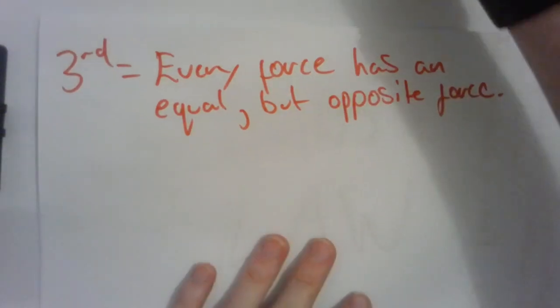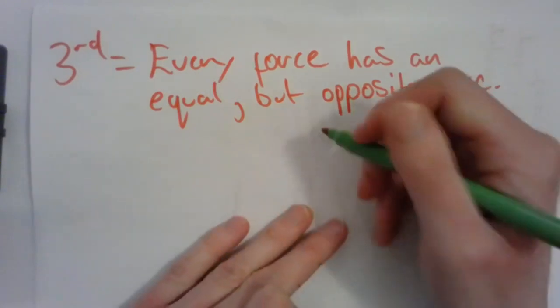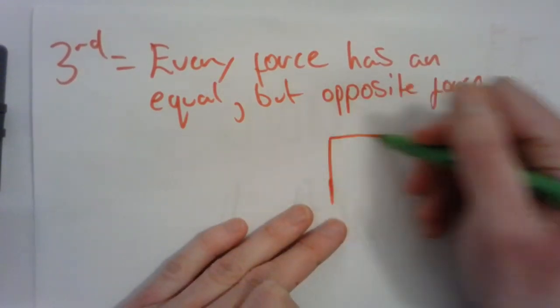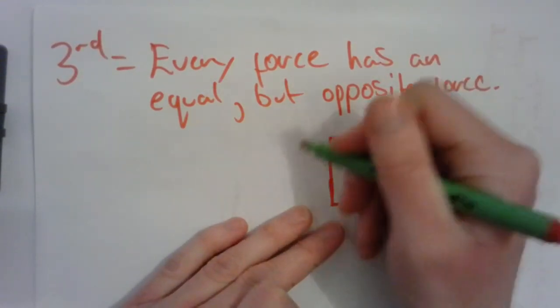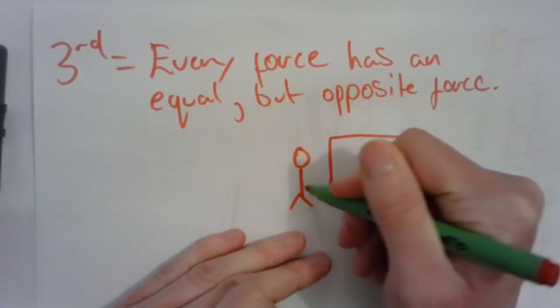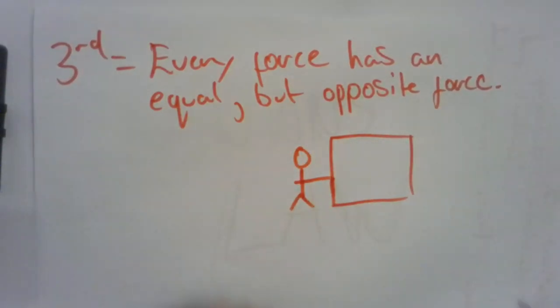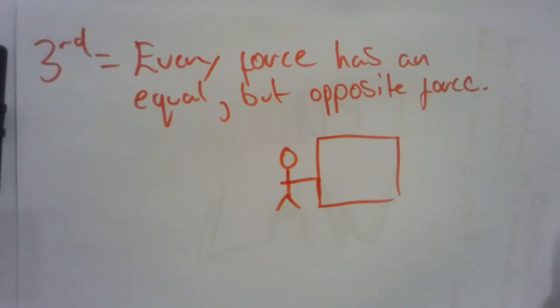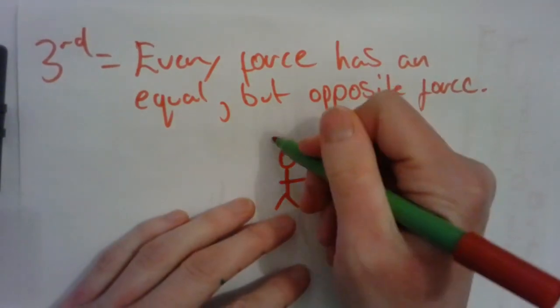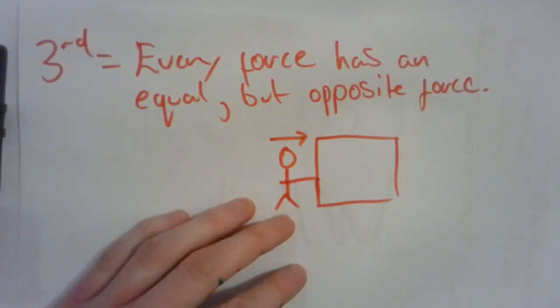A nicer example of this to think about is if you lean yourself up against a wall, because you're tired, had a long day of self-isolation and you're resting up against a wall, you are applying a force to that wall.